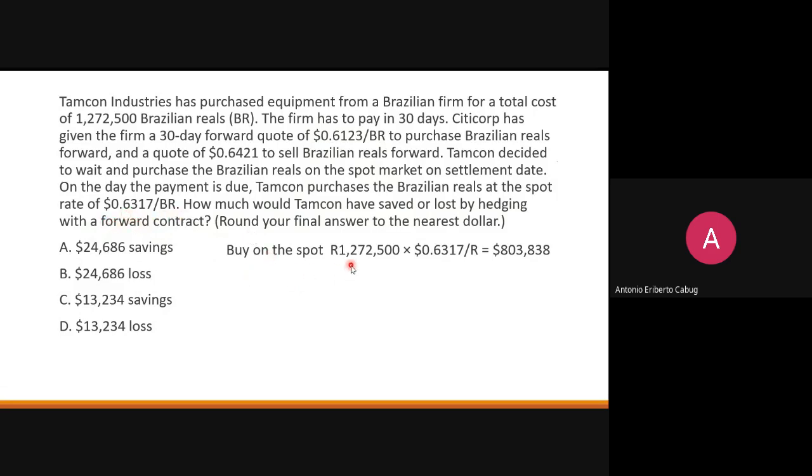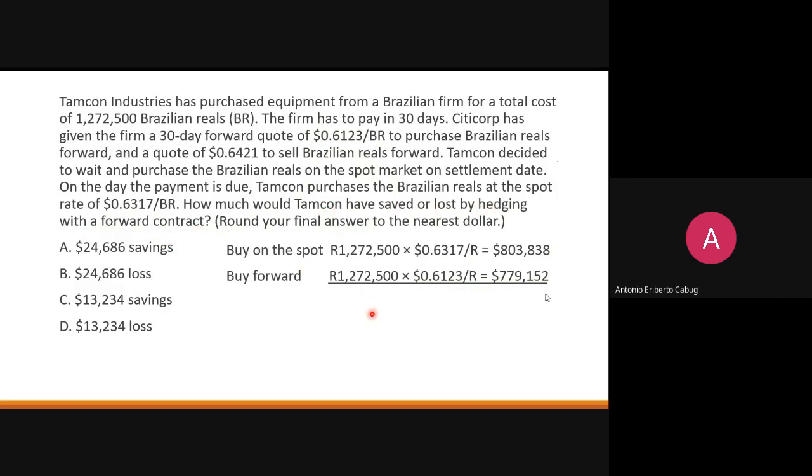Buy on the spot, it would be 803,838 dollars equivalent. Buy forward, again, that's 0.6123 dollars per real. That's 779,152. Tamcon hedged with a forward contract.